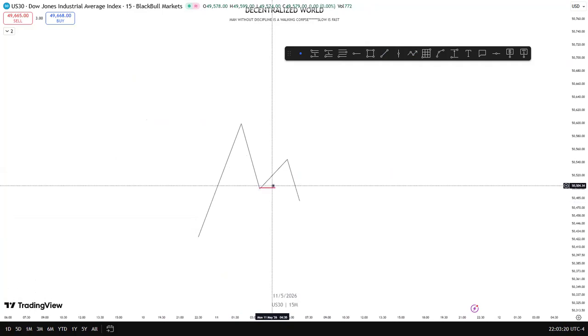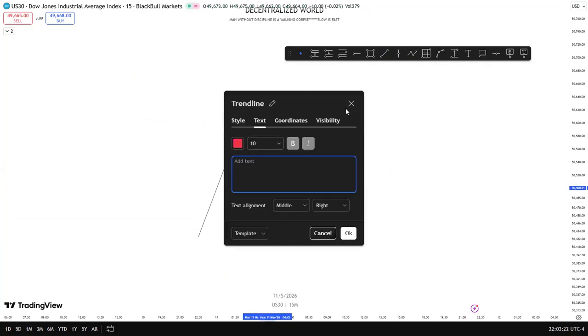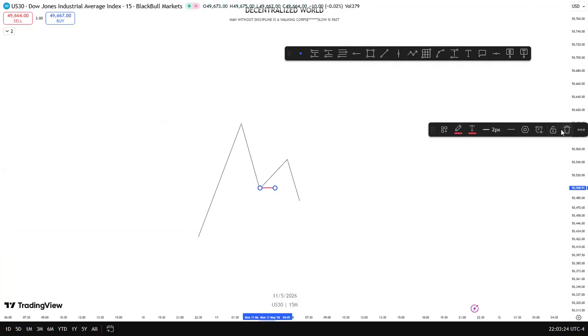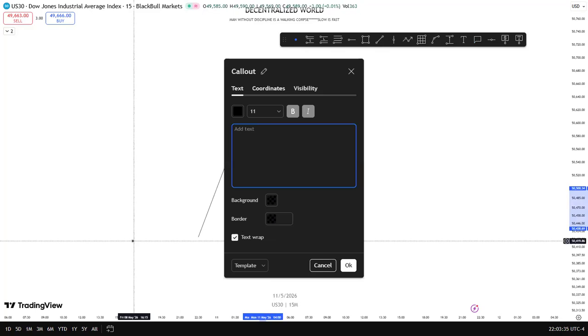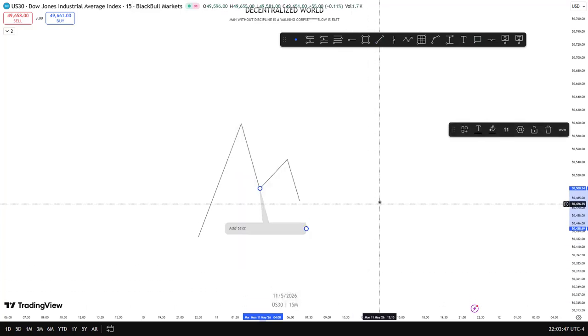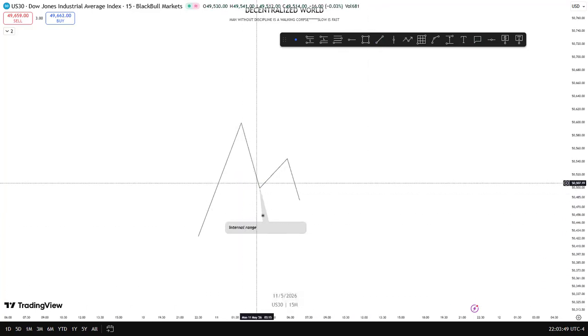This low here is an internal range liquidity. Why is this so?